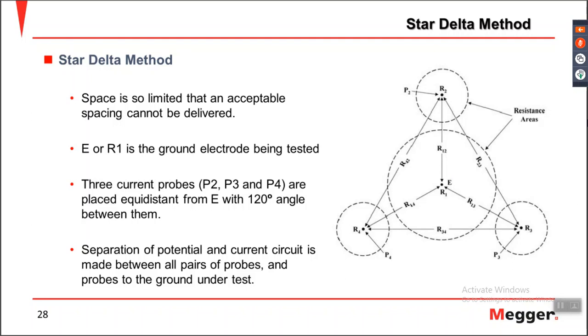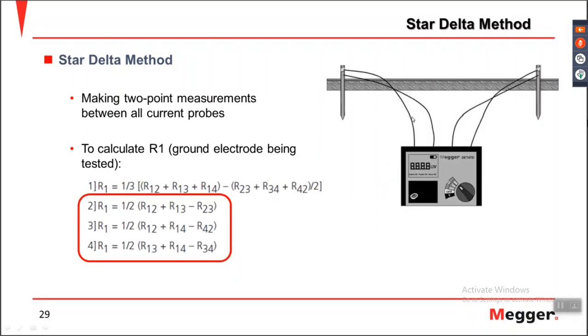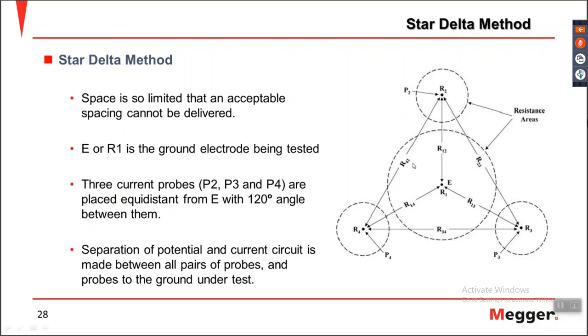For example, if you want to measure R13, R13 means from this point to this R3. So you can take the measurement using the two-pole method, like this. And then you get R13, and continue to the other measurements, R14, R12. So the total is six measurements.